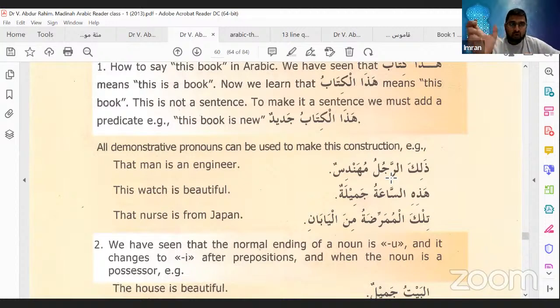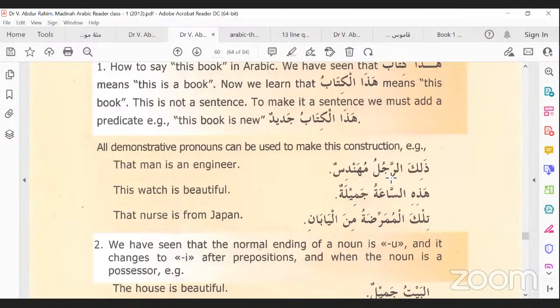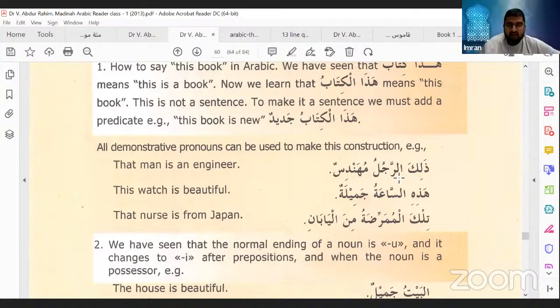Both Abu Muhammad Baqir and Imran Hussain are referring to the same individual, but you're using different nouns to refer to the same individual. That's called noun substitution. Is that clear?